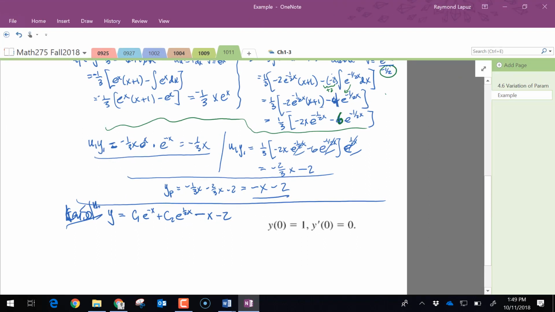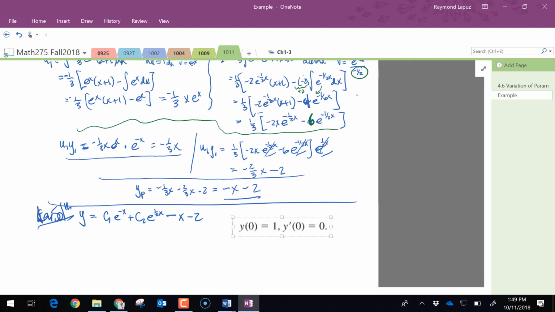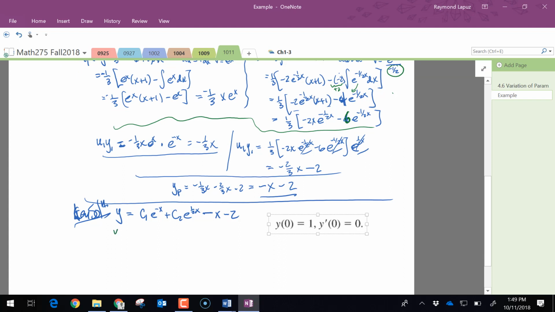Oh, we need to take the derivative. Y prime is equal to negative C1 e to the negative x plus 1/2 C2 e to the 1/2 x minus 1 plus 0. That wasn't bad. All right, now let's put in the values.